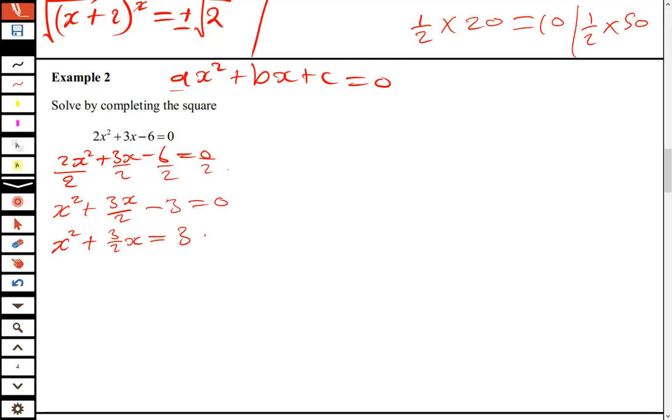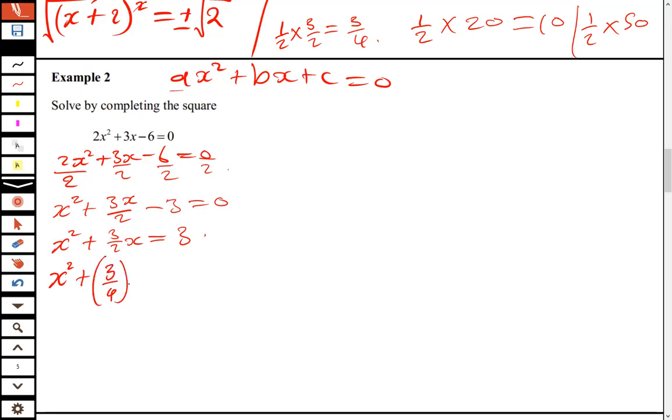So in this expression, we are supposed to find half of 3 over 2. Half of 3 over 2 is half times 3 over 2, which gives us 3 over 4. So I'm going to write x squared, and then plus. Half of 3 over 2 is simply 3 over 4.